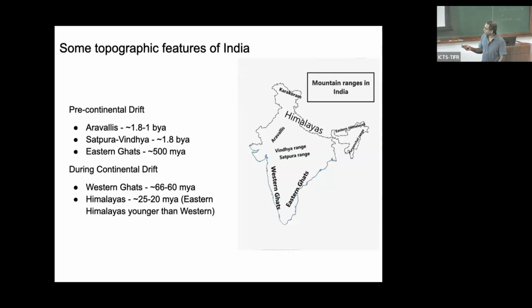And here you'll notice that I've put Western Ghats and Himalayas. So Himalayas are really young. But globally, Andes is even younger. I mean, some of the higher elevations are just 2 or 3 million years old. The point here is that Western Ghats, although it's only 66 million years, you could say, well, that is for the topography. But the rocks, they are very old.